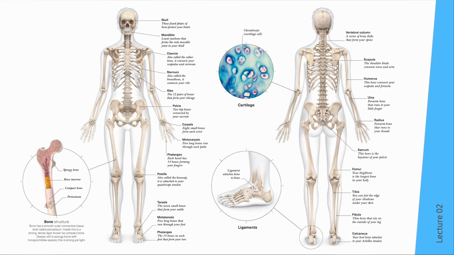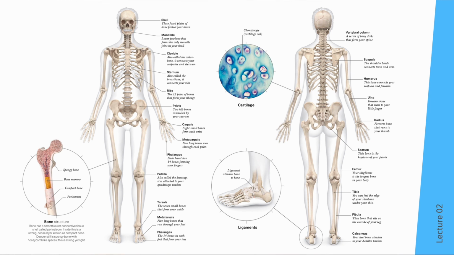Okay, and then looking at the posterior side, we have the spine running from the skull to the pelvis, to the sacrum. And there are vertebrae, and only at the bottom those vertebrae are fused together, and that's what we call the sacrum.